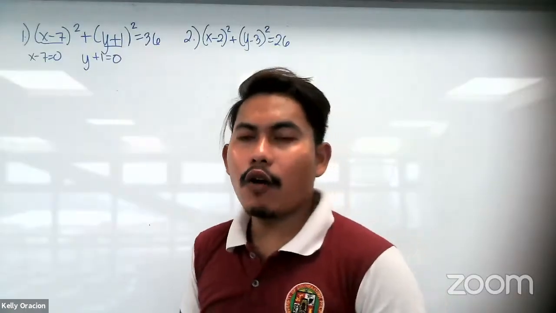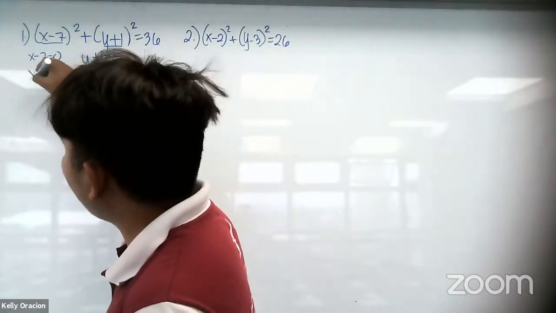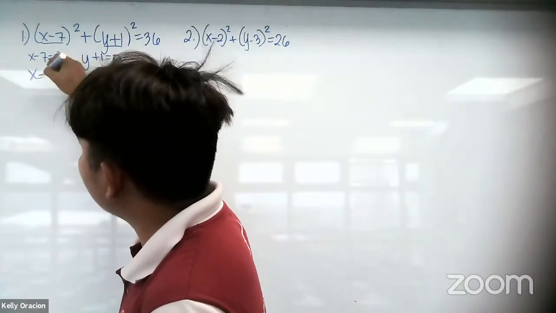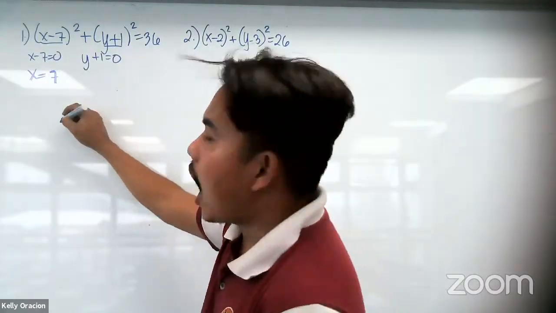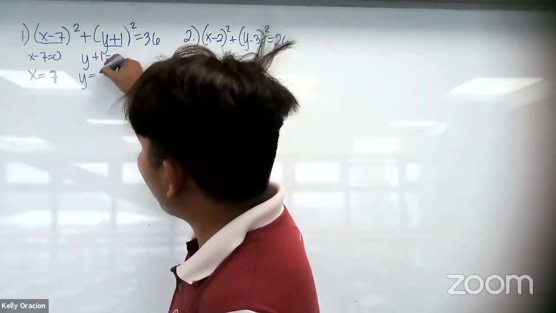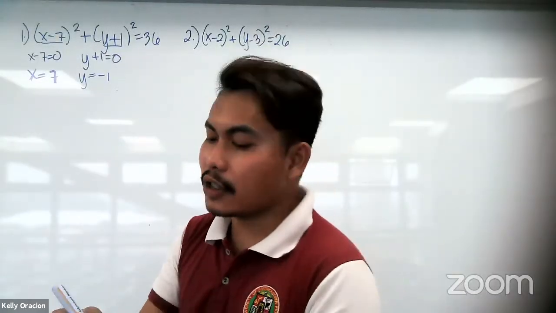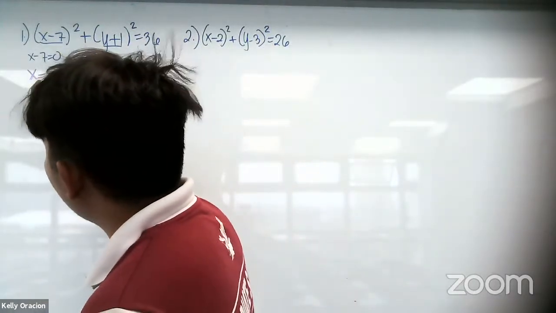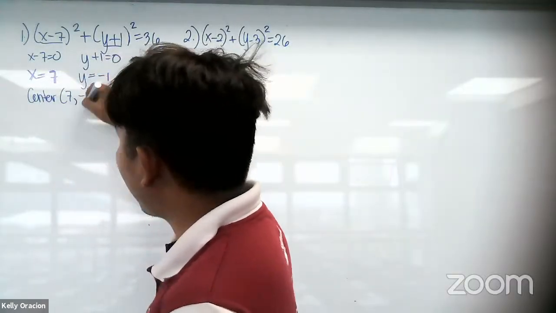Now, x minus 7 is equal to 0. That means your x is equal to 7. And your y is negative 1. That means your center is (7, -1).